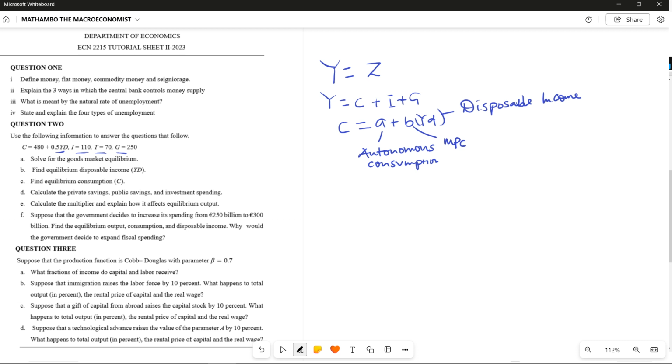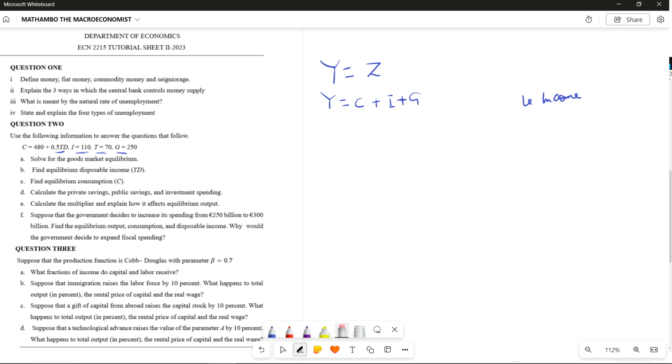And the YD, the disposable income, is just the after-tax income. So using this information, can we calculate the equilibrium output, which is the goods market equilibrium?